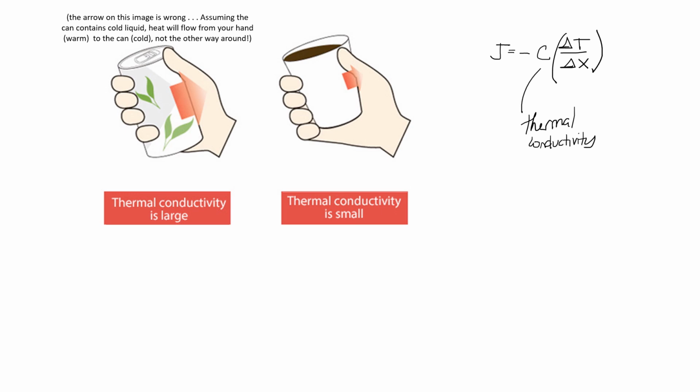And so the result is your hand will feel really cold if you're holding a cold can of pop in a metal container, and it won't feel that way if you're holding it in a styrofoam container, because the rate of heat flow from your hand into the liquid is dependent on the thermal conductivity.